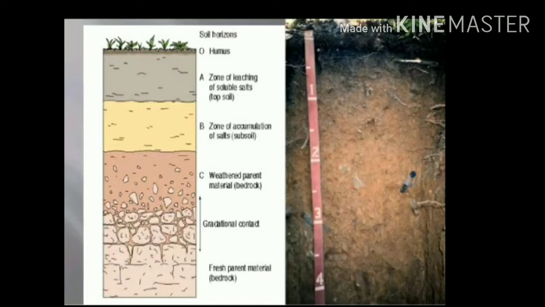The soil profile can also be seen while digging a well or laying the foundation of a building. It can also be seen at the sides of a road, on a hill, or at the steps of a river bank.